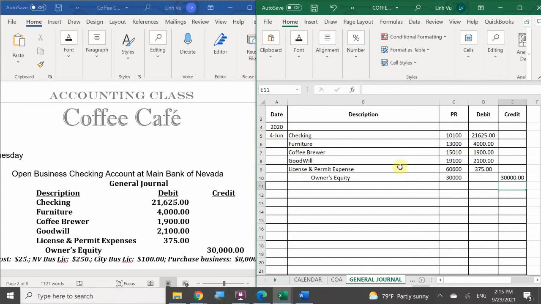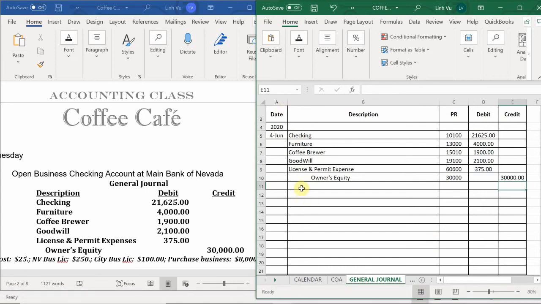Now that I wrote my accounts, the last thing I've got to do is put in my description in order to complete my transaction. I can put whatever I want in here. I bought furniture, I bought a coffee brewer, and I bought Goodwill, so I could say I purchased a business for $8,000.